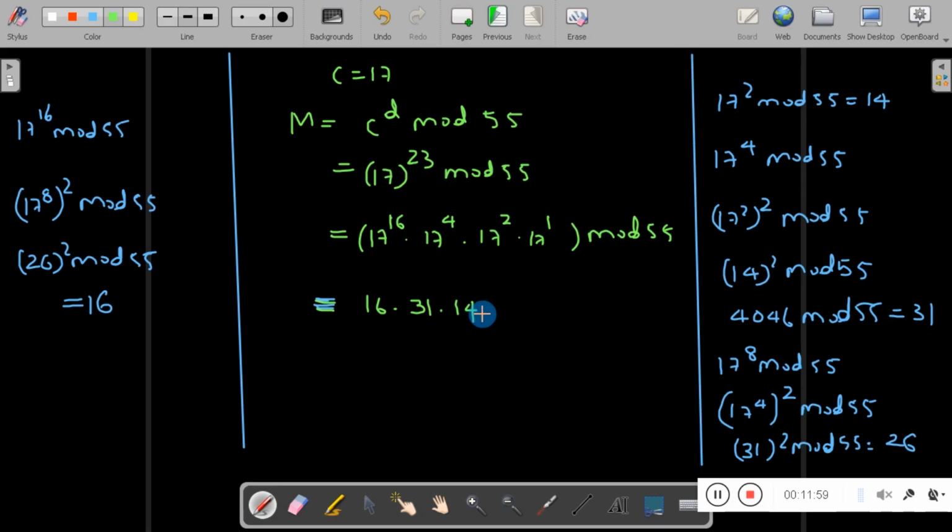And 17 raised to power 1 mod 55 is nothing but 17 itself, whole mod 55. When you multiply these and simplify, you will finally get 18. That is nothing but our plain text.